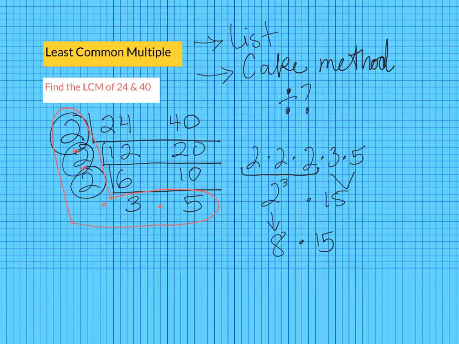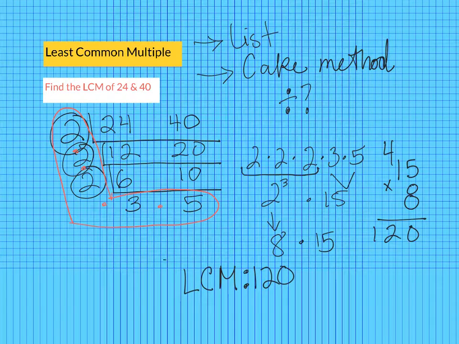So let's solve for that. What is 15 times 8? Well, 8 times 5 is 40. 8 times 1 is 8. Plus the 4 is 12. So my least common multiple of 24 and 40 is 120.